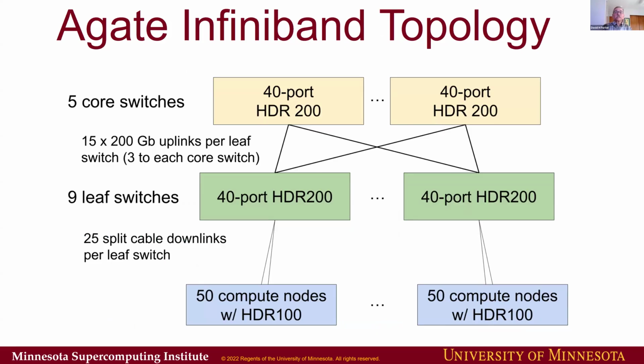And supporting all of this is a network of nodes. It's in a fat tree topology of InfiniBand fabric. And so there are basically these core switches, 5 of them, that are at the top of this fat tree, or the root, depending on how you want to look at it. And they connect to 9 of these leaf switches that in turn connect to quite a few nodes.